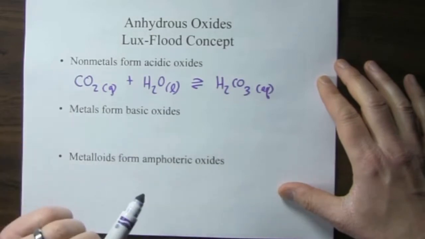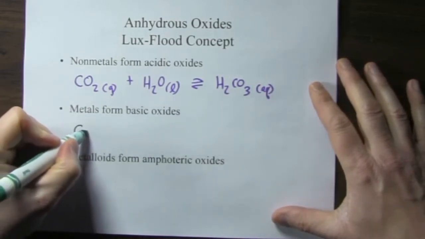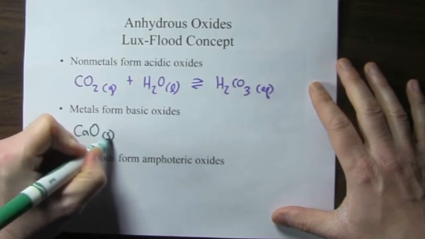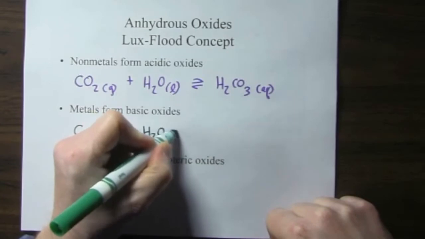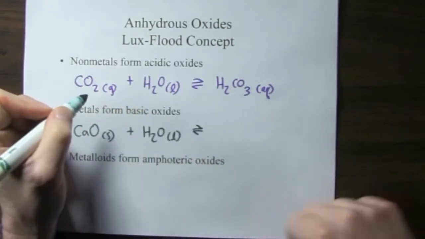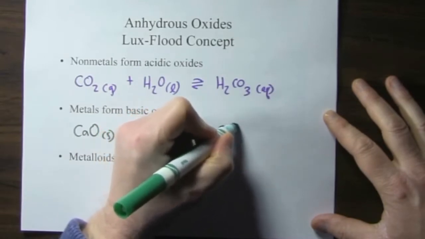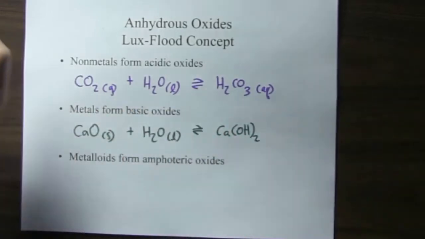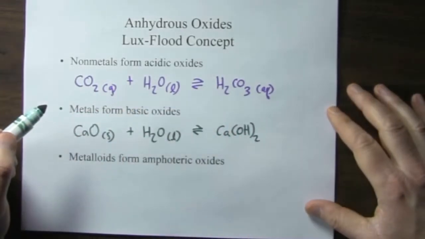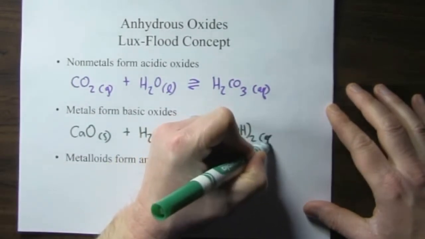Metal oxides tend to form basic compounds. So for example, you could have calcium oxide, which is a solid. If you add this to water, then you're going to form calcium hydroxide, which acts as a base in water, aqueous calcium hydroxide.